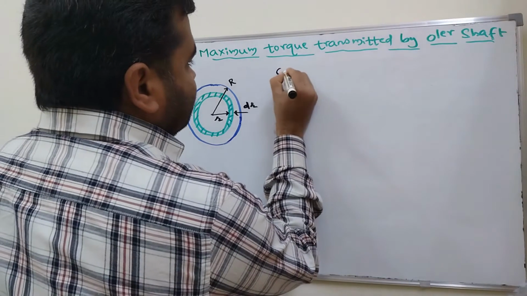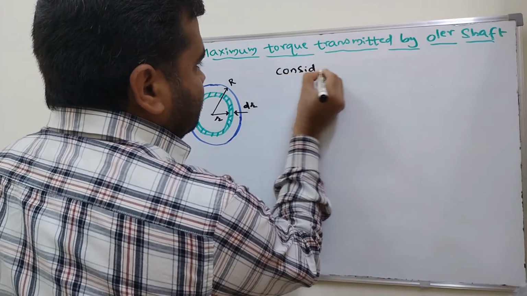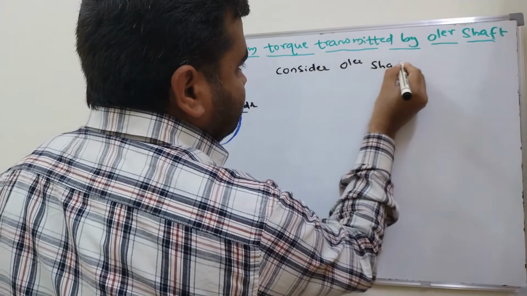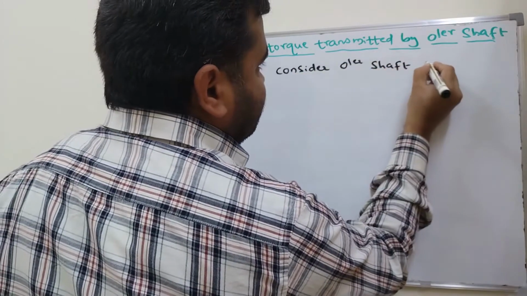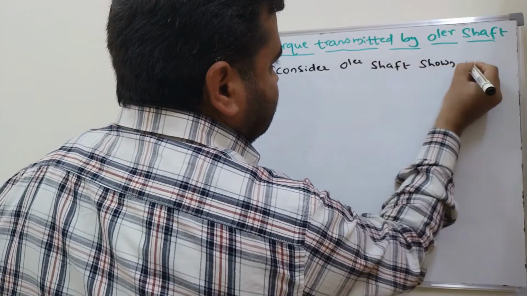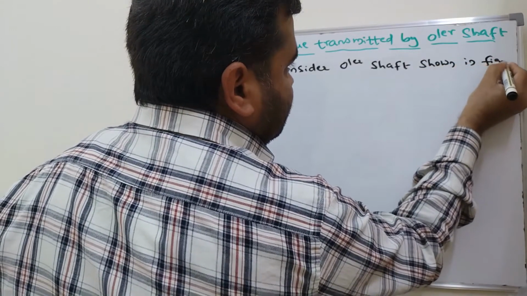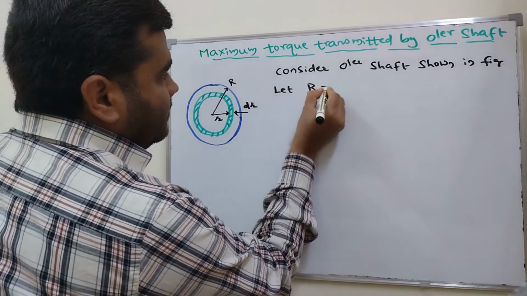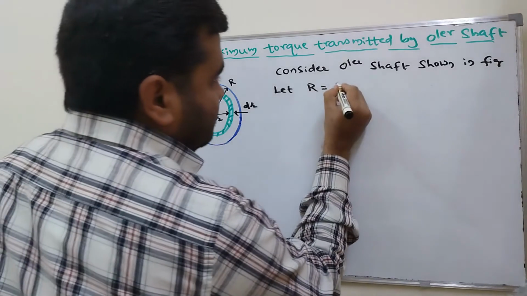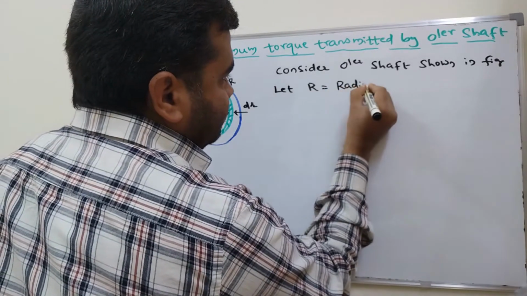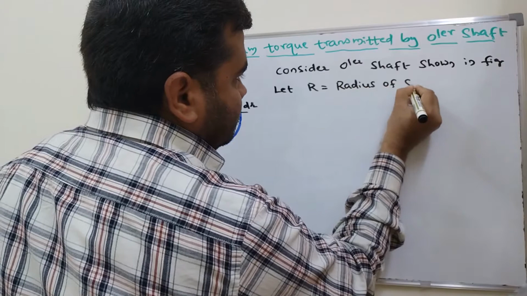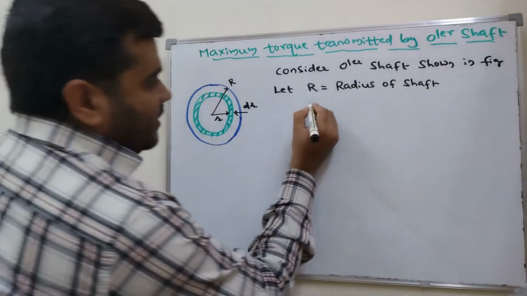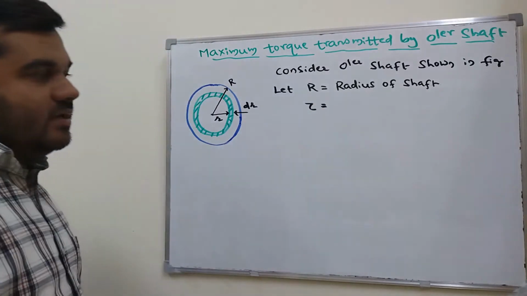So consider the circular shaft shown in the figure. Let R equal the radius of the shaft, and tau is the shear stress. What do we mean by tau?